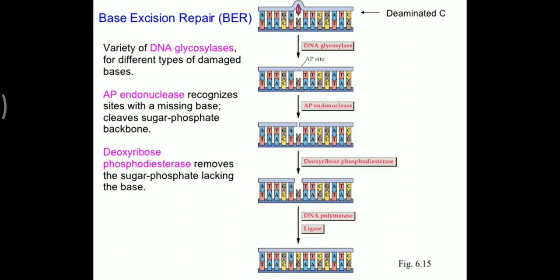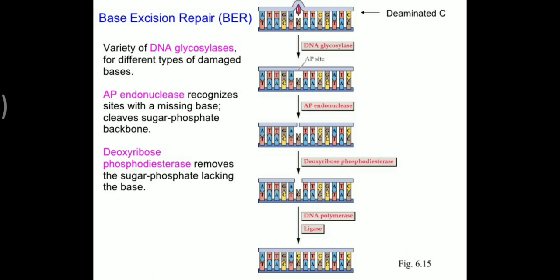Next, deoxyribose phosphodiesterase removes the sugar phosphate lacking the base. As I said, AP endonuclease cleaves the sugar phosphate backbone, whereas deoxyribose phosphodiesterase removes the sugar phosphate lacking the base.